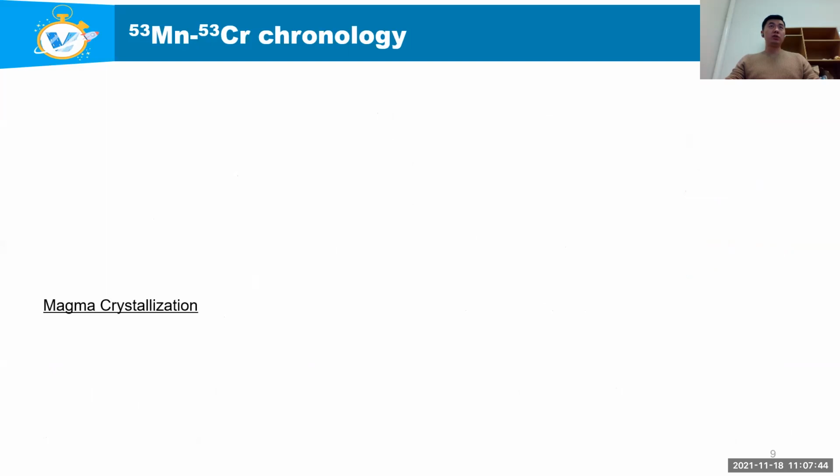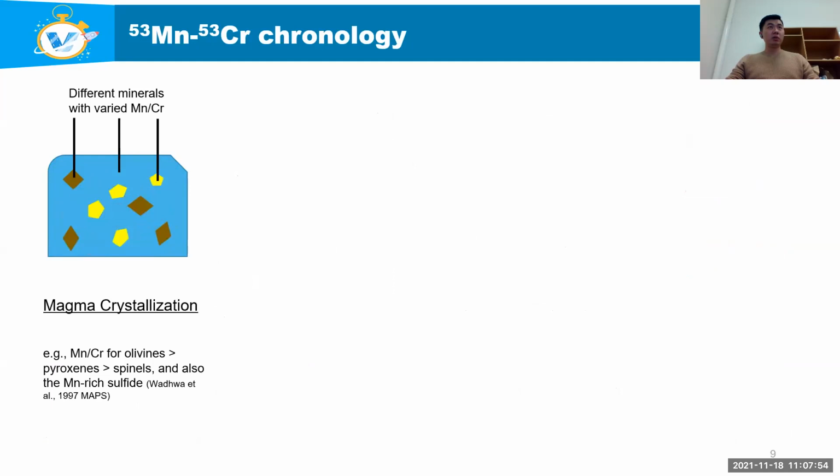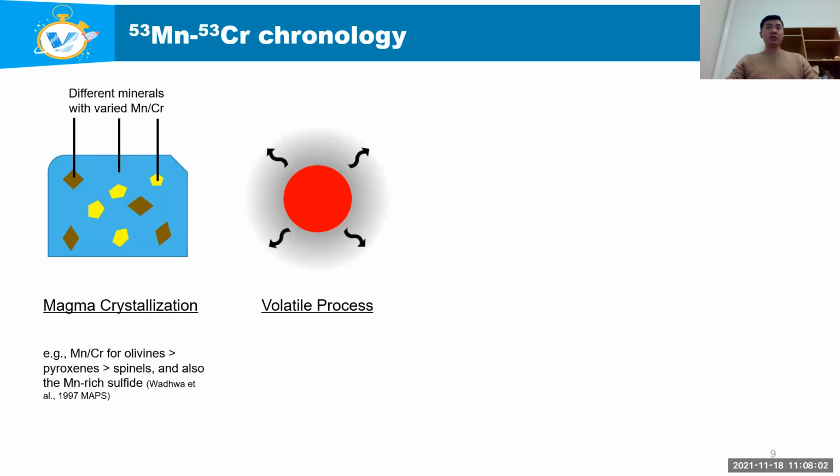Now I will introduce which kinds of events can be dated by the manganese-chromium chronology. The first is magma crystallization, because different minerals have varied manganese-chromium ratios. Then volatile processes, because manganese and chromium possess different volatility.